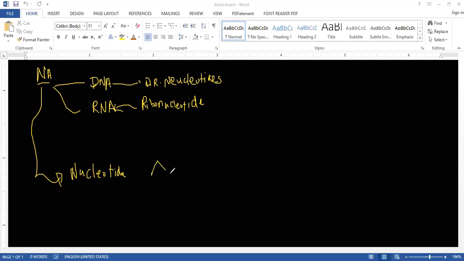The nucleotide contains mainly three components: a 5-carbon pentose sugar, a phosphate group, and a nitrogenous base. This is the basic structure of nucleic acid. And this 5-carbon ring is called pentose sugar. This is the nucleotide altogether, and this is the pentose sugar.